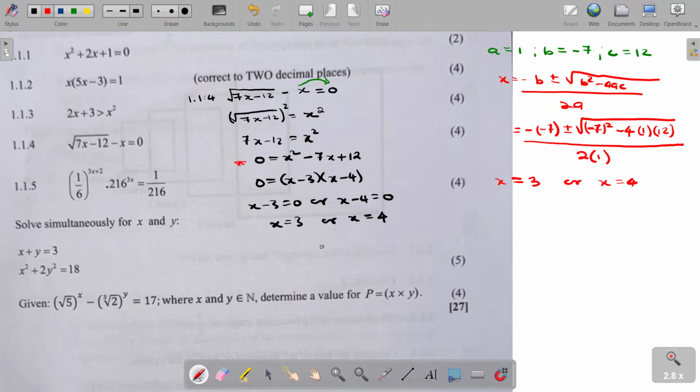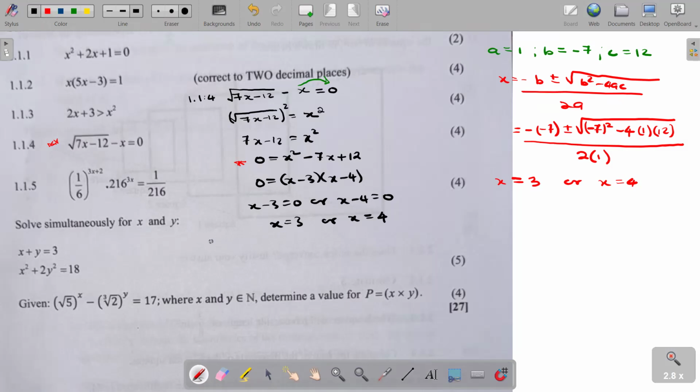But always bear in mind, whenever we are solving equations with surds, it is very important to test the solutions that you get. What is it that we mean when we are saying we are testing? Substitute the values that you get. So we are going to check our 3. Let's test our 3.